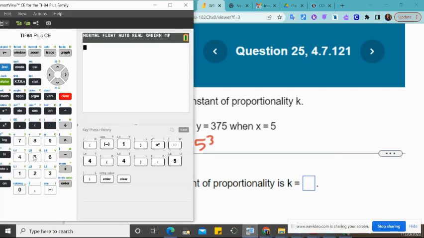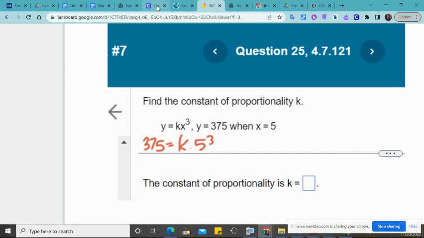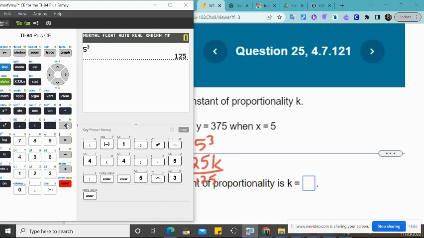5 cubed equals 125. So this is saying 375 equals 125 times k, or k times 125. So to figure out what that equals, we would divide both sides by 125. If you don't know what that is, grab a calculator and divide by 125.